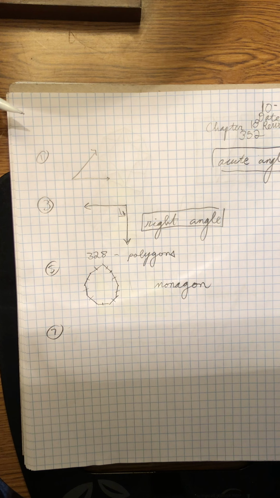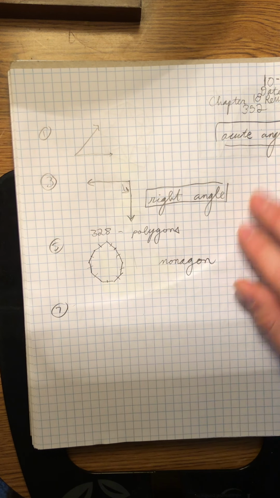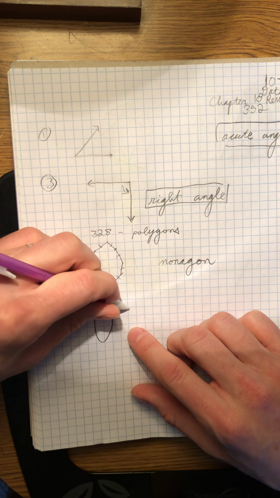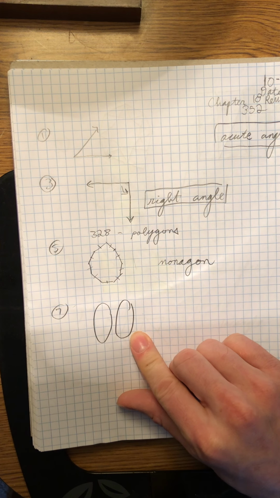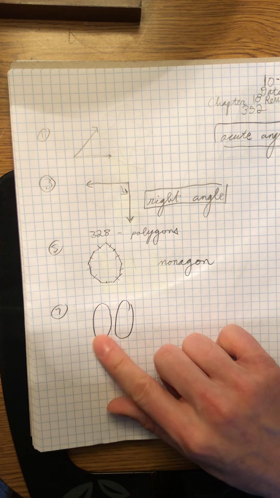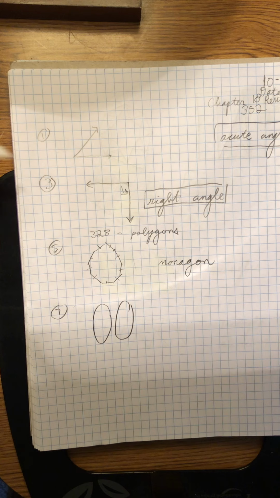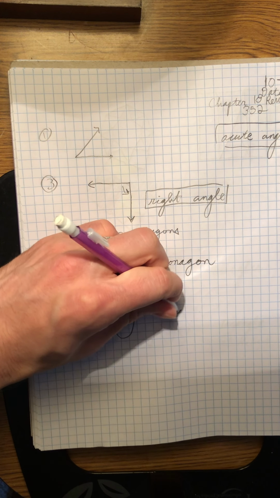That's 5. 7 says, are these figures congruent? Similar. Now, if they are congruent, they are also similar. Okay, so 7 gives you 2 of these guys here. Those are supposed to be identical in the book. They are identical shapes, so they are congruent.